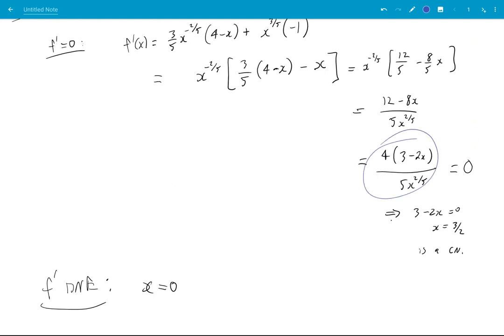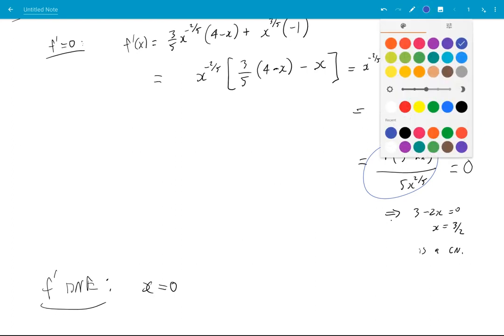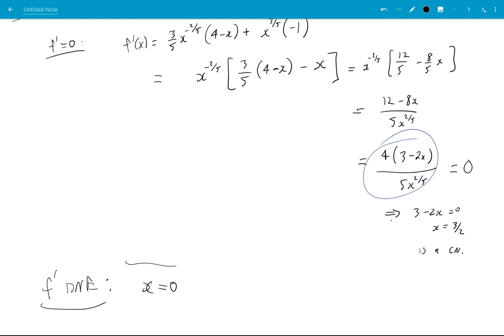Okay, looking at this expression, I notice that I cannot plug in x equals 0 because that would cause division by 0. Okay, so that's where this is coming from. Now I should check that x equals 0 is in the domain of f.